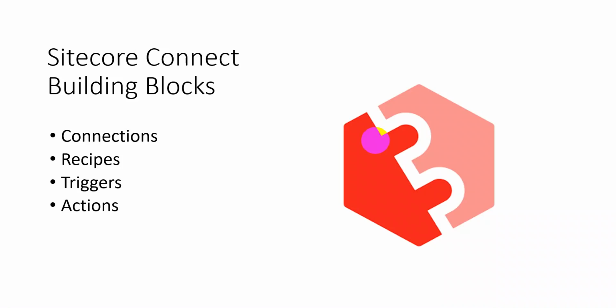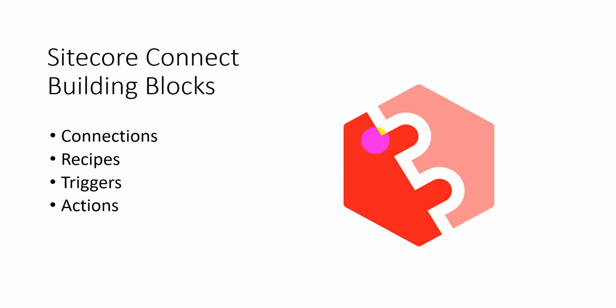And then actions. Let's say the trigger says that if you're trying to create a certain item inside Sitecore, then execute this business process. And when we execute this business process, this should happen. When we say this should happen, that is nothing but an action. What exactly should happen? We know that this process should be executed when an item gets created in your Sitecore, in your system one.